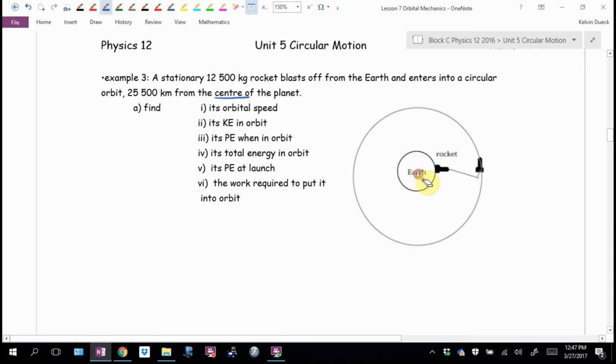So let's draw in on our picture. Let's go yoink. 25,500 kilometers. We don't do physics with kilometers. Times by 1,000. And I think you'll get what in scientific notation? 2.55 times 10 to the, is it 7?